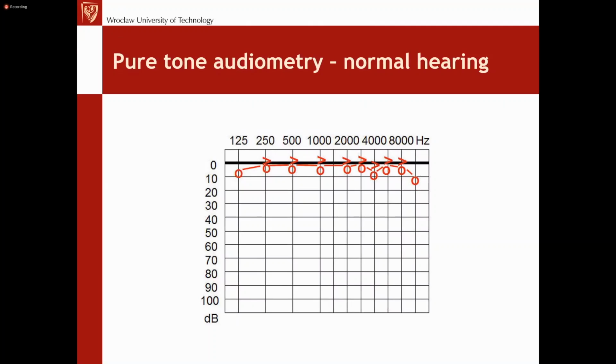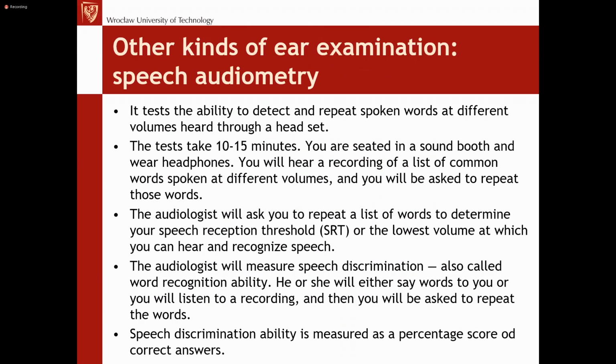And when we have pure tone audiometry results plotted in this audiogram, it means that you have normal, good hearing. We can use other kinds of ear examination, for example speech audiometry, which is based on the ability to detect and repeat spoken words at different volumes.